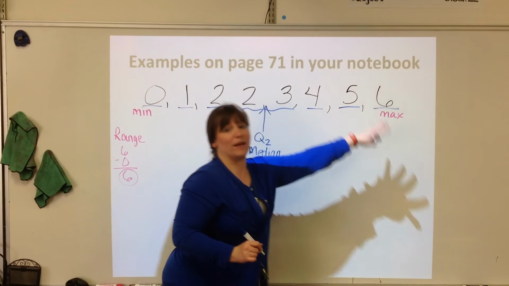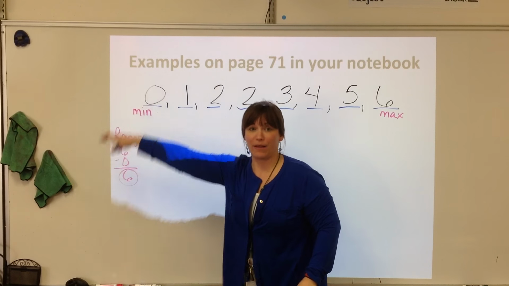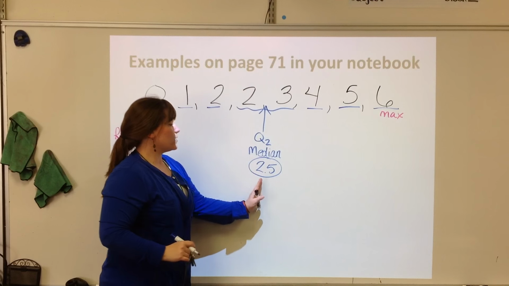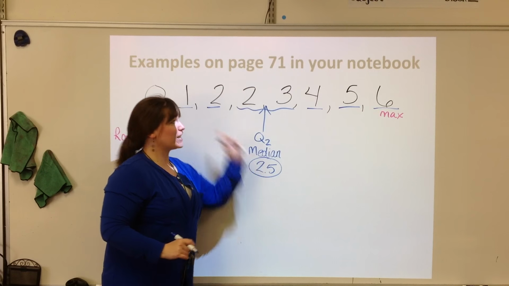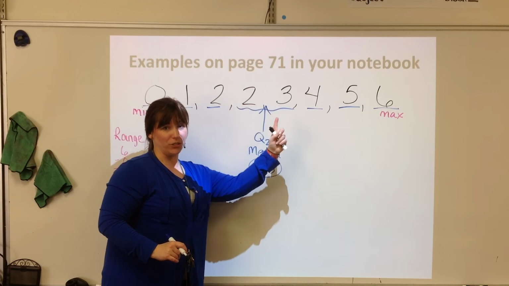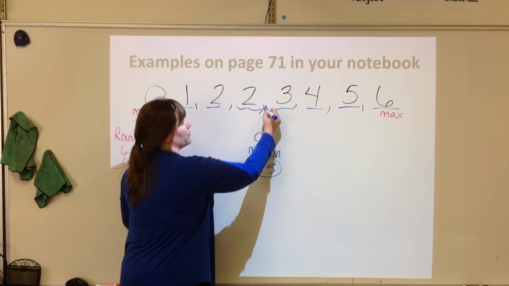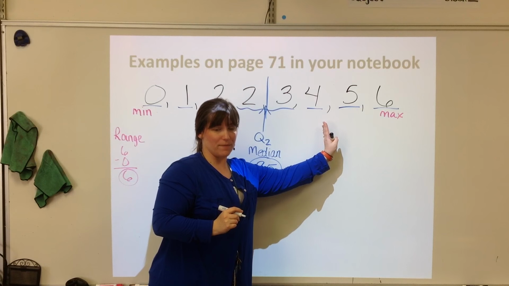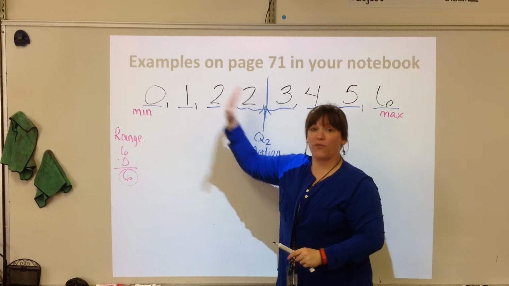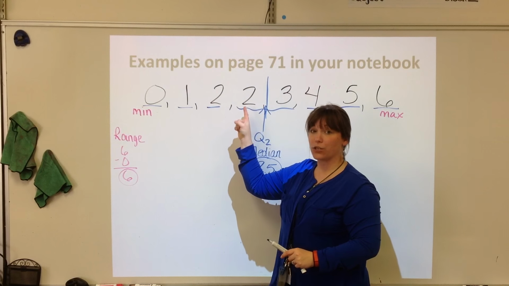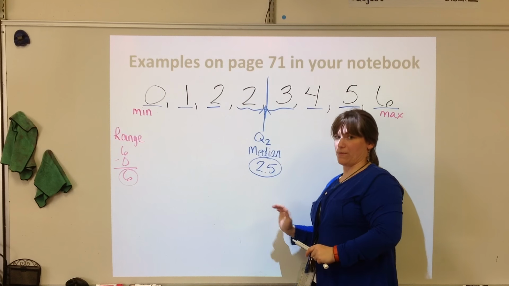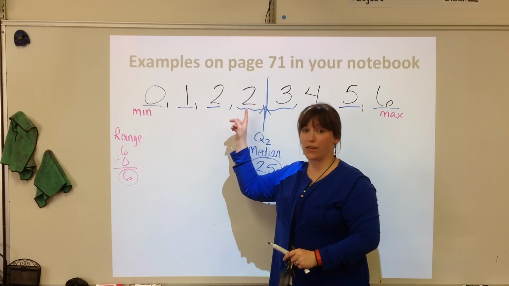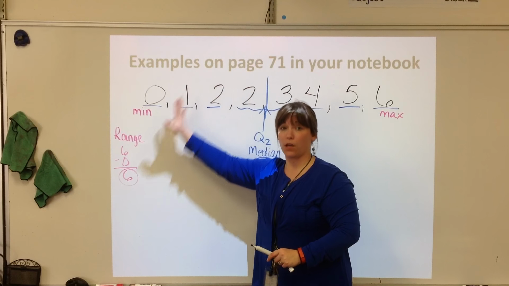Now we have half of them on the left, half of them on the right. Because 2.5 is not one of our original data points, we now have to use all 4 numbers to find the Q3, including this 2, that we use to help us find the median. We have to use this to help us find the median of the lower half.